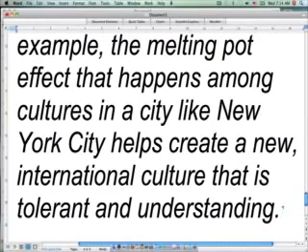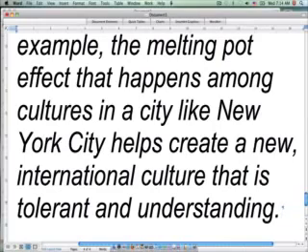Okay, so now I think everybody in the world would agree that the qualities of tolerance and understanding are positive things, and the fact that these result from certain areas of the world where the melting pot effect happens plays as good evidence that conformity in some instances is a positive thing, is a good thing.